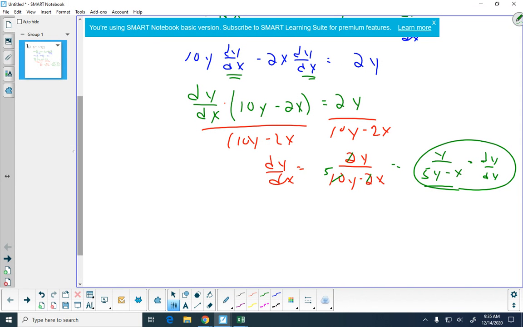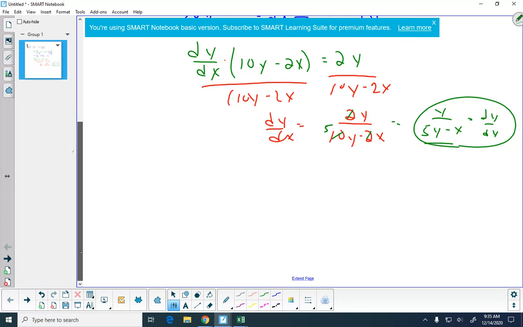If we take a look at 7, we have sine of 3y is equal to 5x squared plus 7. So we take a look at the sine of 3y. We have to take the derivative of the sine of 3y.